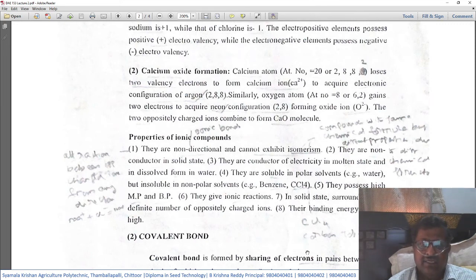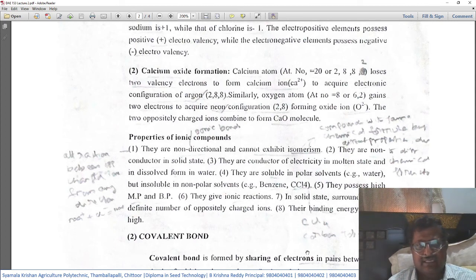They are soluble in polar solvents. For example, water is a polar solvent. That means they are soluble in polar solvents but insoluble in non-polar solvents, for example, benzene, carbon tetrachloride, CCl4. They possess high melting point and high boiling point.